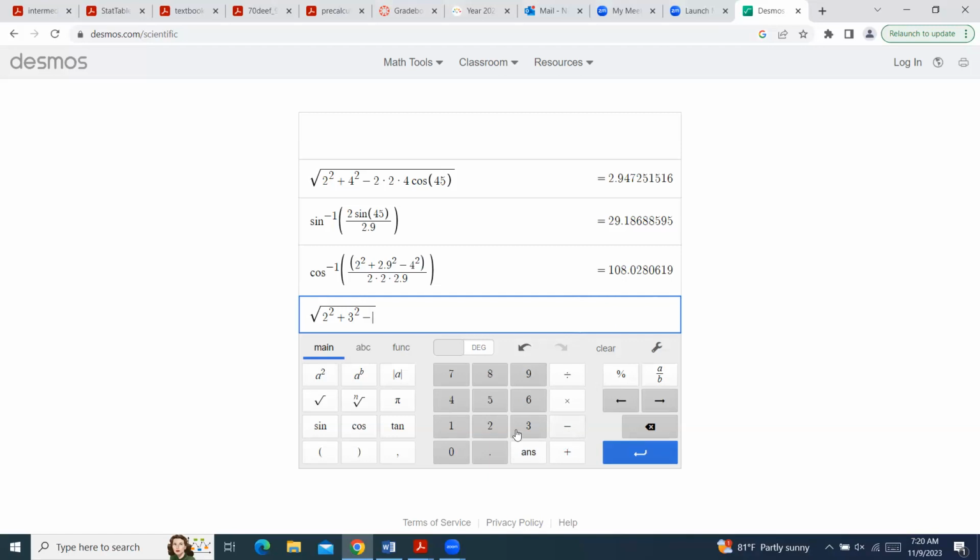So did you already produce your answer? 2 times 3 times cosine of this 110, in the parentheses, and it's all inside the square root, so I've got the answer. It's about 4.1.